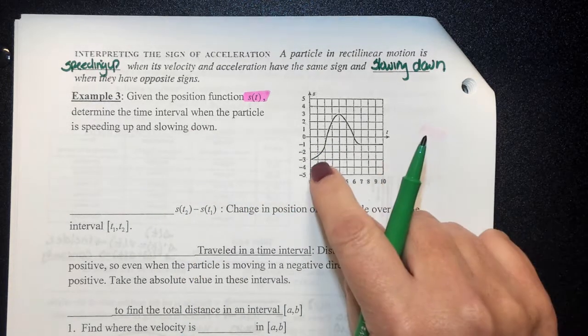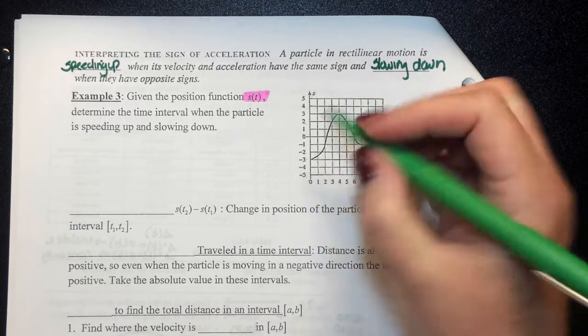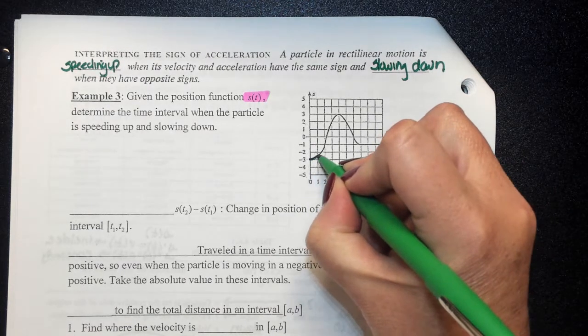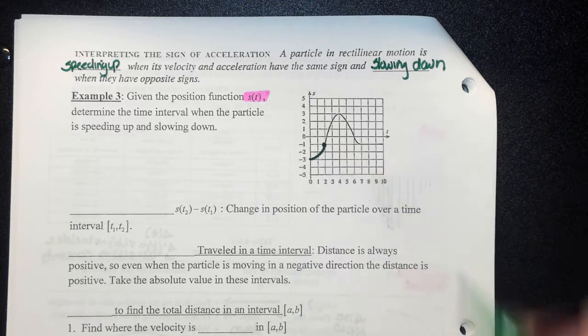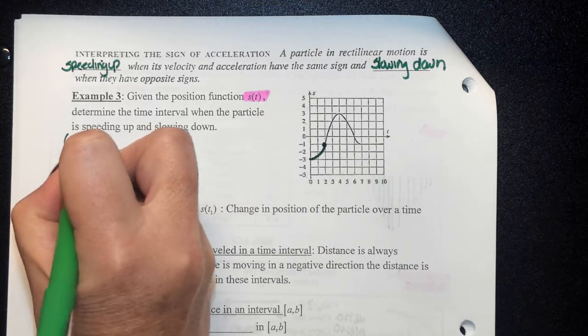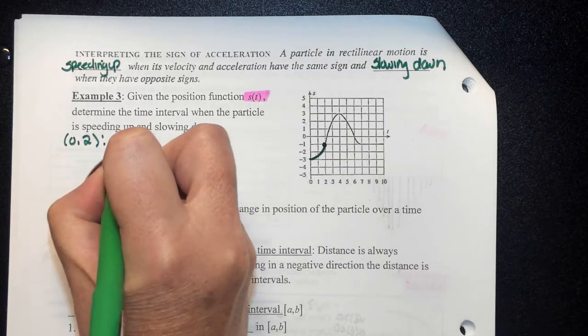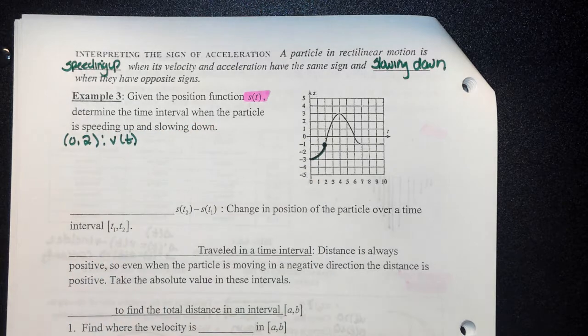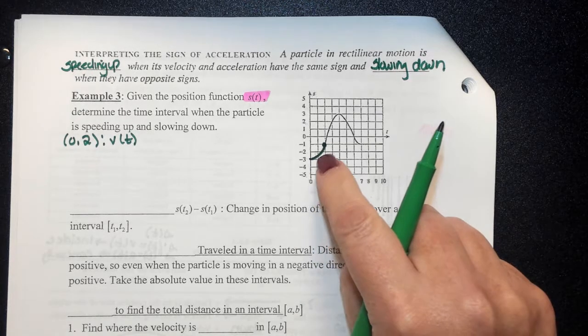So if you take a look at this particular interval from 0 to 2. Let's talk about v of t. So now remember, when you're given the position curve, to determine the velocity, you're looking for increasing or decreasing. So what's happening with my velocity from 0 to 2?